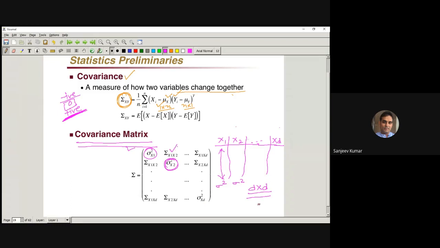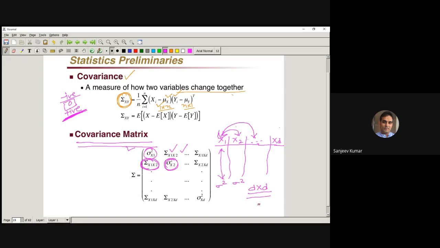What is the entry in the first row and second column? It will be the covariance between the first and second column. The entry in the first row and third column will be the covariance between the first and third column, and so on.